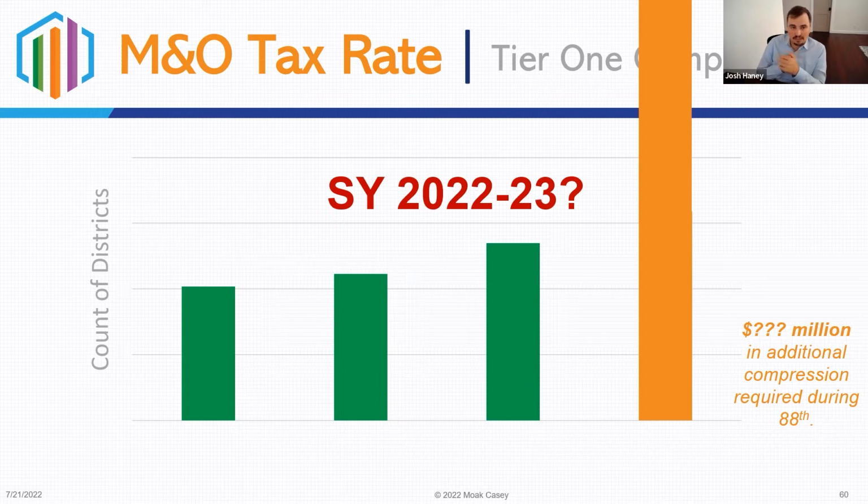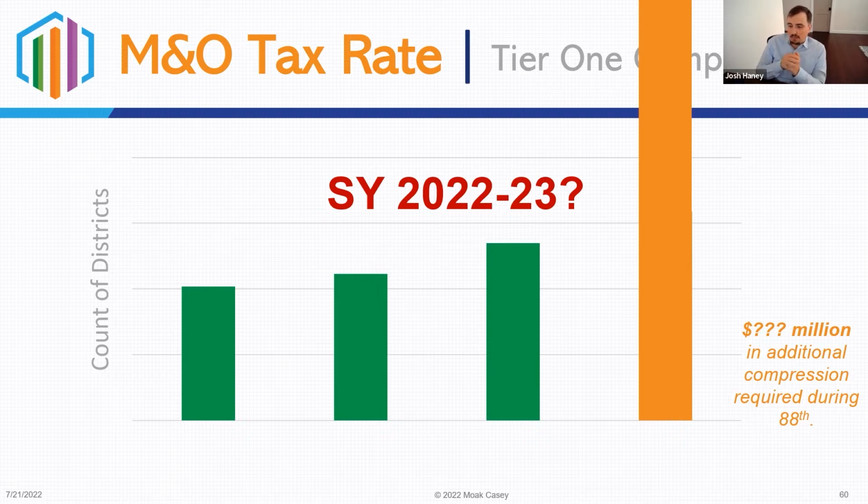And so you take that amount plus the bill that was generated in tax year 21, and the legislature is going to have to use that savings to lower the statewide compression rate. Okay, so we'll be looking for that next session once they get the budget together and include some of those details.